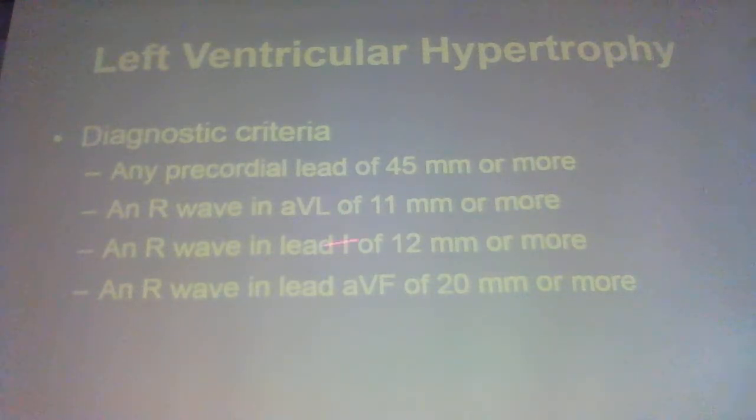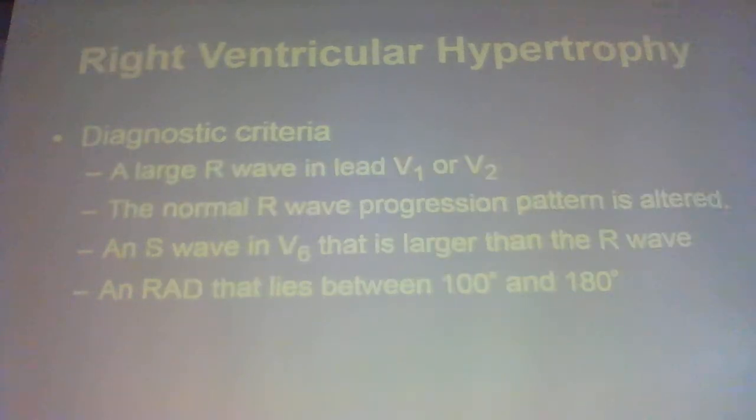So we look at lead 1 or V5 or 6, whichever one is taller, versus negatively deflected. We add those together, and if it's over 35, then you have LVH. So, not a big deal.